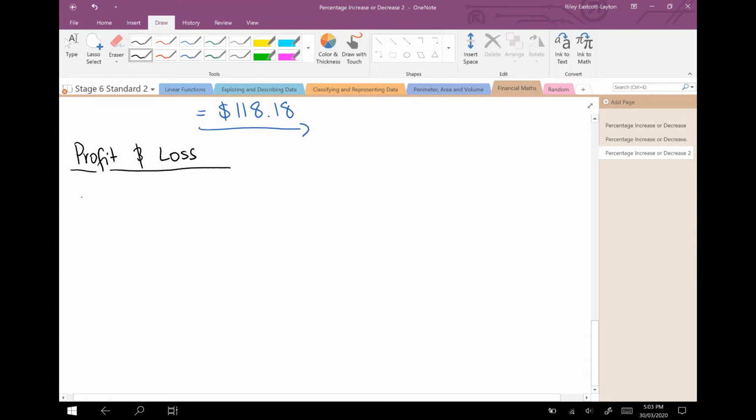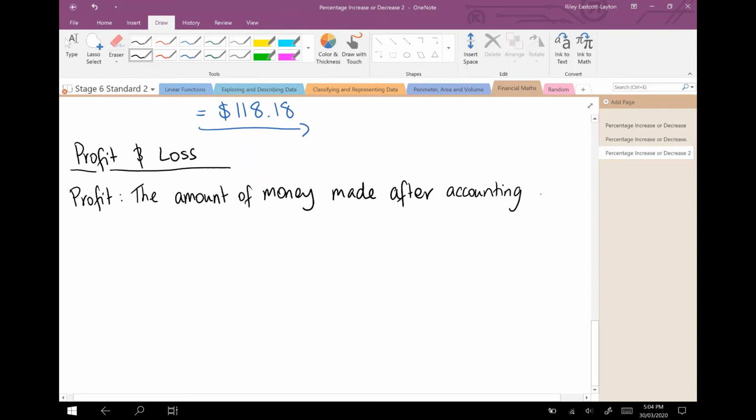So when we're talking about profit, it's the amount of money made, after accounting for expenses.